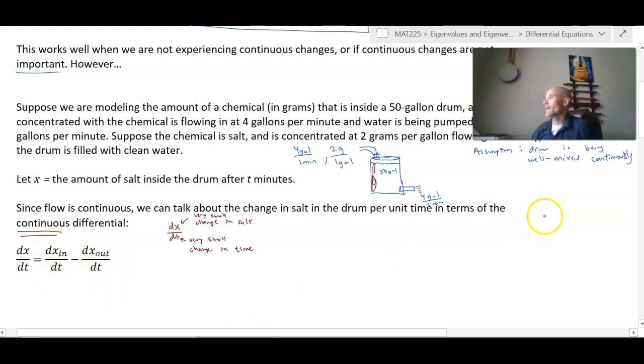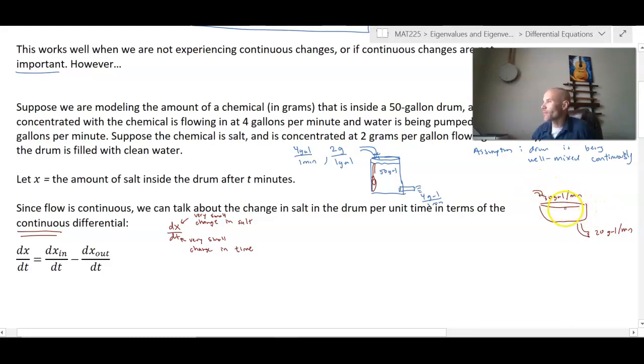Now, we could all agree that if I had a bathtub, I'll do this real quick here, if I had a bathtub here and I was filling this up with 30 gallons per minute and I was draining the tub at 20 gallons per minute, what would the rate be at which we're filling up the tub?